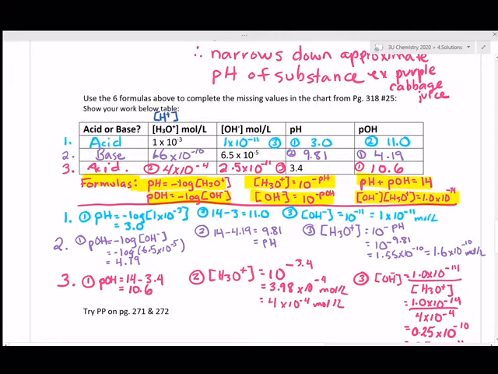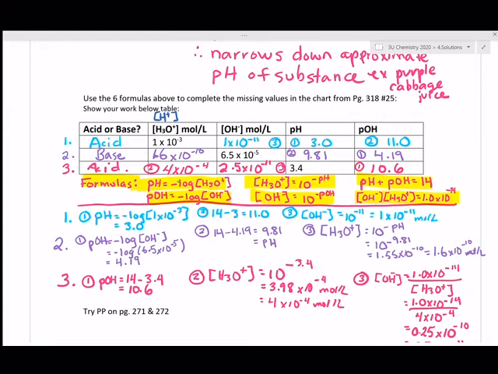So if you are given any single piece of information of these 4 entities, you can figure out the other 3. And the order that I've done them makes sense to me, but it's not the be-all, end-all. You don't have to necessarily do it in that order.